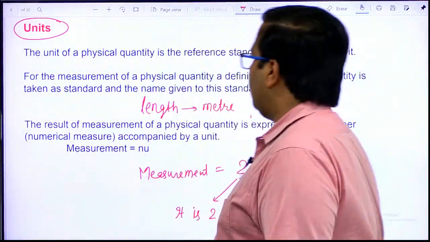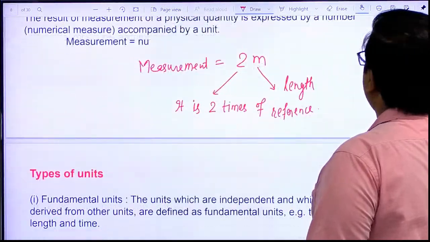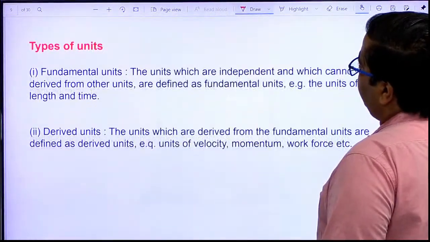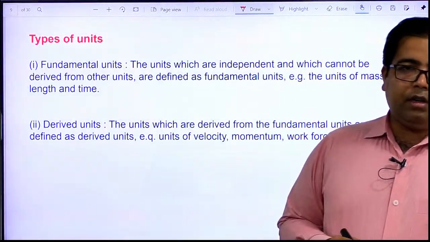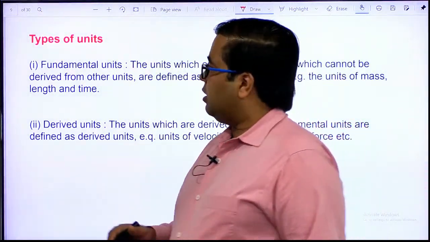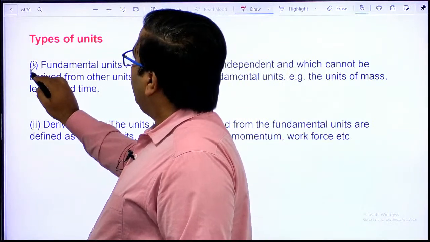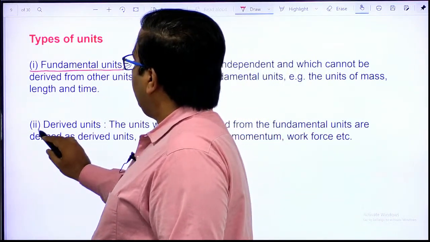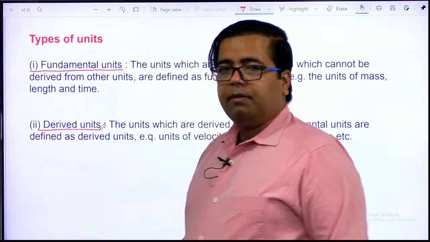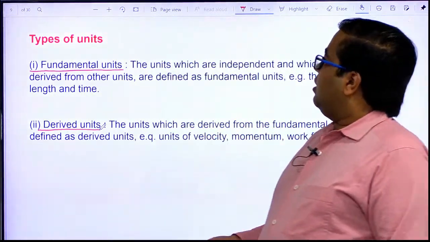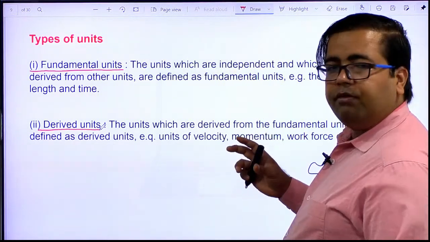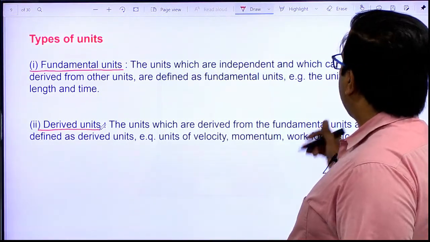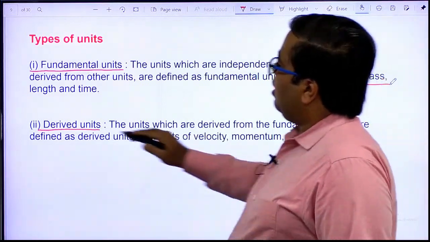In the same way, units are of 2 types because the physical quantities are of 2 types. So we have fundamental units and we have derived units. Fundamental units are the units which are taken for the fundamental quantities, for example the units of mass, length and time.